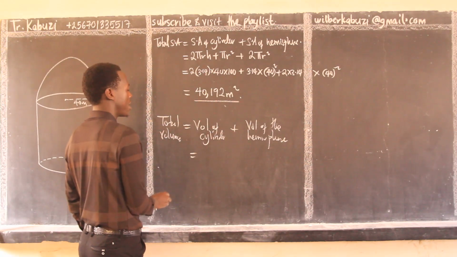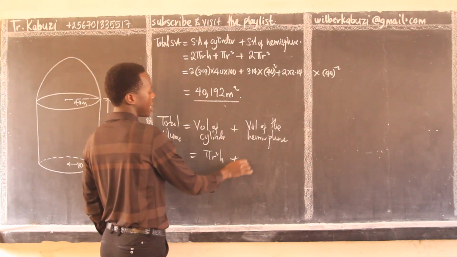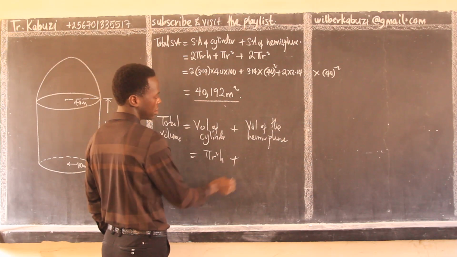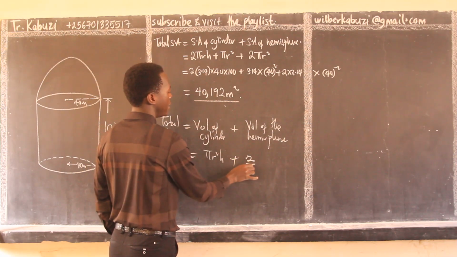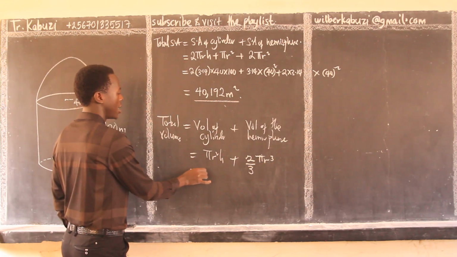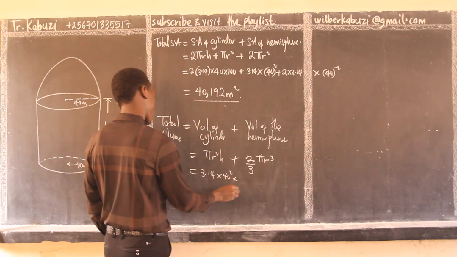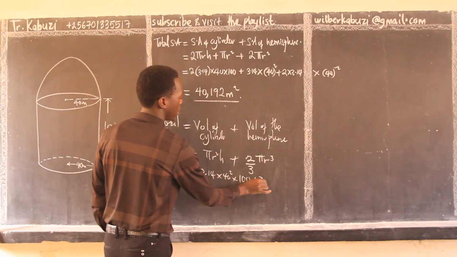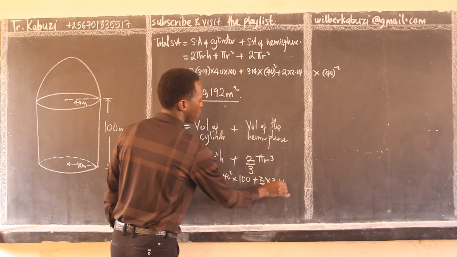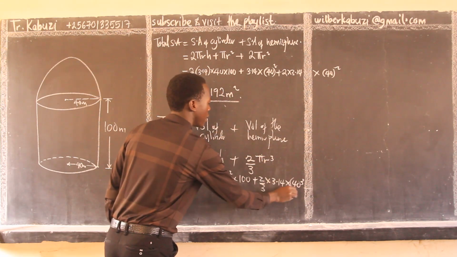The volume of the cylinder is pi r squared h, plus that of the hemisphere. Remember, for a full sphere it is 4/3 pi r cubed. So this one is now going to be half of it, 2/3 pi r cubed, which we just substitute here, 3.14 and so on.